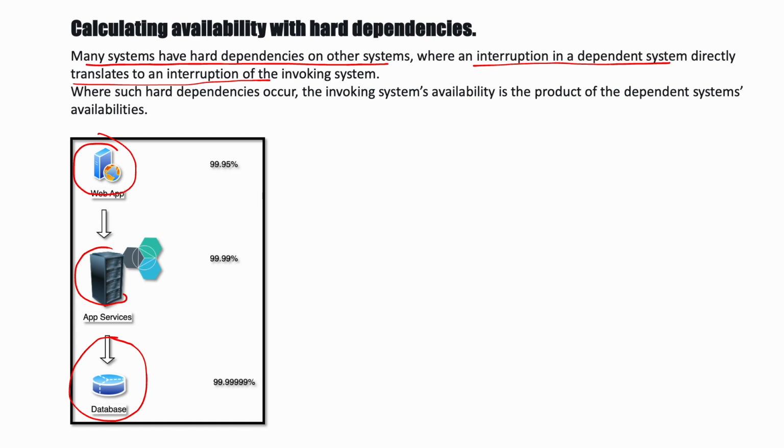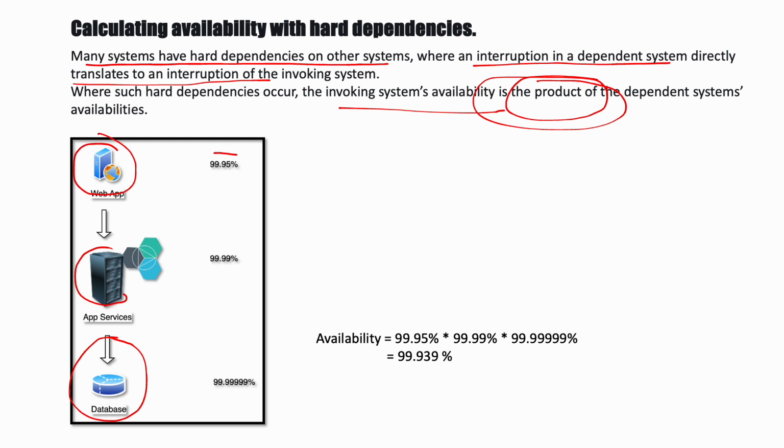Where such hard dependencies occur, the invoking system's availability is the product, the multiplication of the availabilities of the dependent systems. So this system has this availability, this has this availability, this has this availability. The combined availability of the software would be a product of the dependent systems.